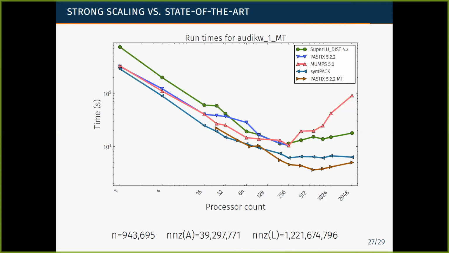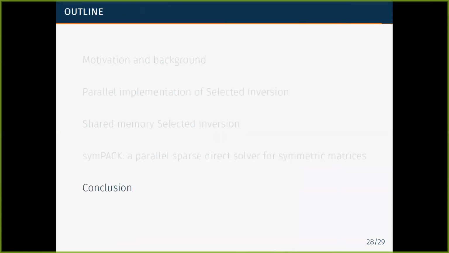I have to point out that it's not true for all problems. Sometimes hybrid parallelism is helpful, sometimes it's not. I just picked that problem because it's interesting, as it's a problem where threading actually helps. All right, so this is a motivation for us to do this hybrid parallelization also for symPACK.